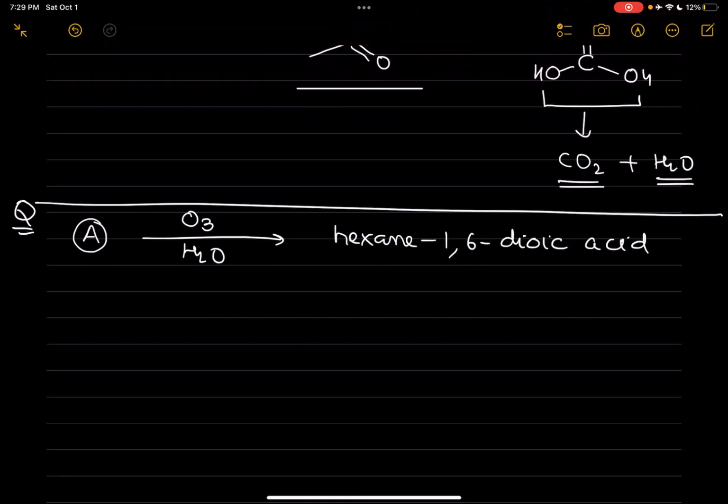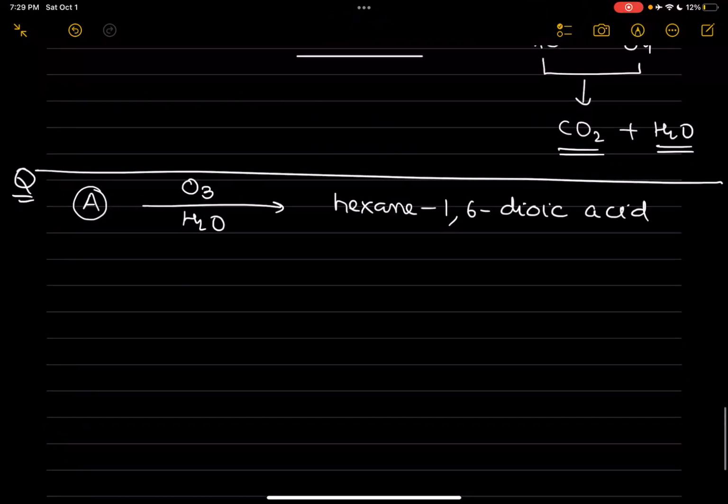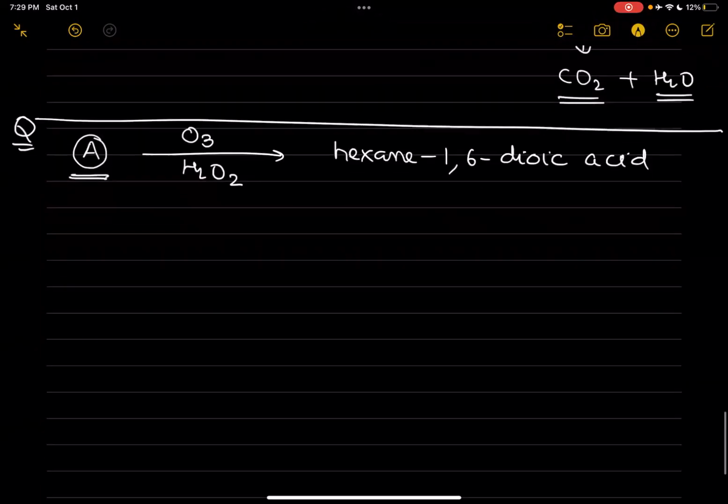So what are we going to get? If we have O3 and H2O2, even if water is written, that is going to be oxidative ozonolysis. Right? So what we are going to get as A?